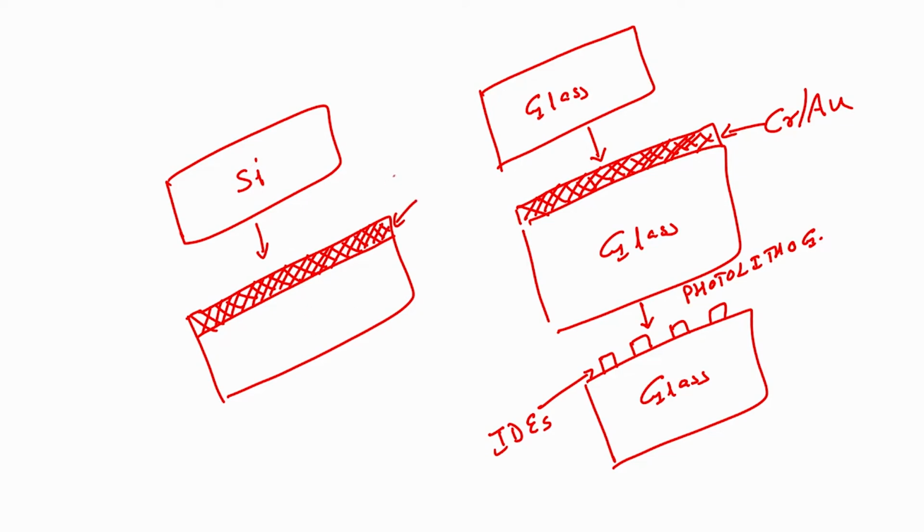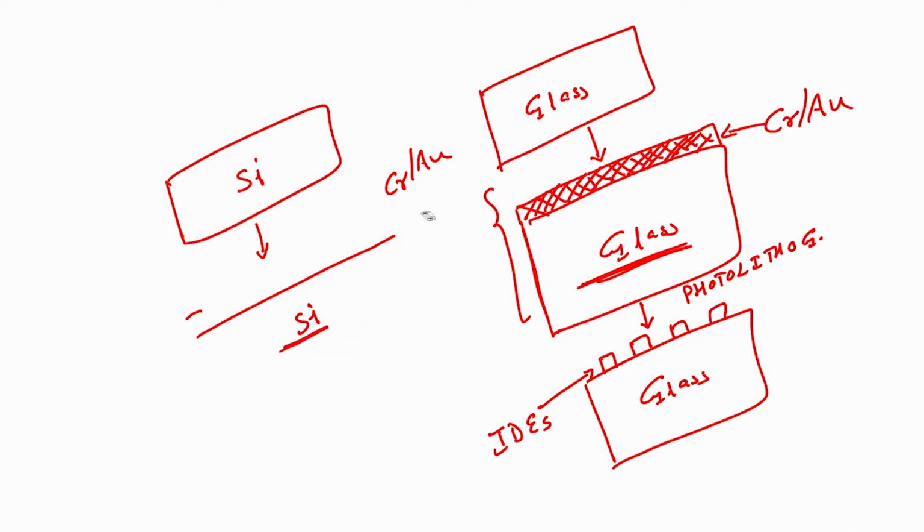This is my chrome gold on silicon wafer. My question is, in case of glass, I could directly deposit chrome gold on glass and pattern it to form interdigital electrodes. In case of silicon, can I do the same thing? I cannot, right. Why? Because glass is an insulator while silicon is a semiconductor. So, what should I do if I want to make the device on silicon wafer?